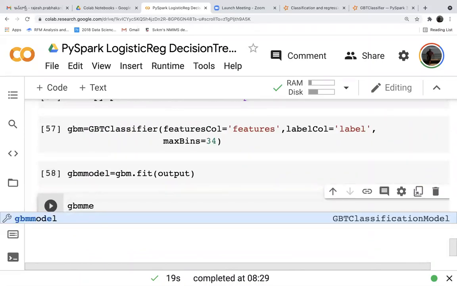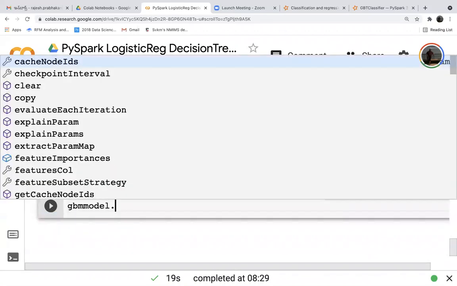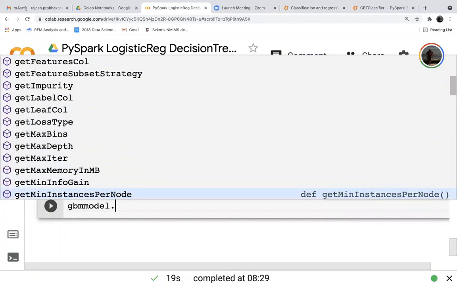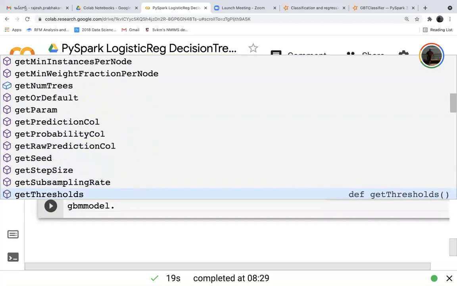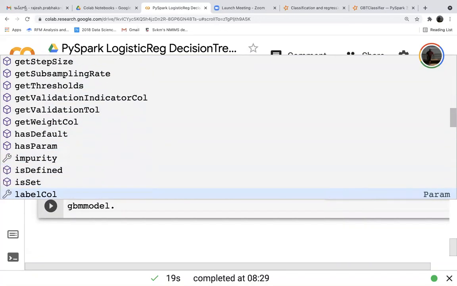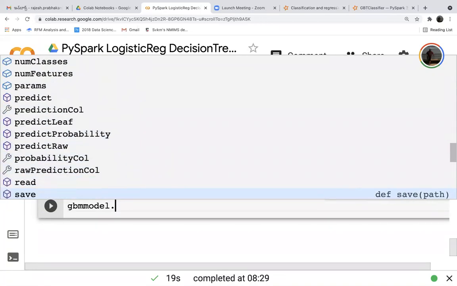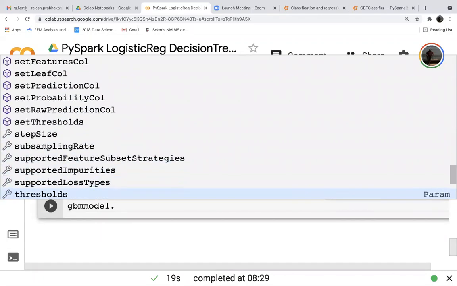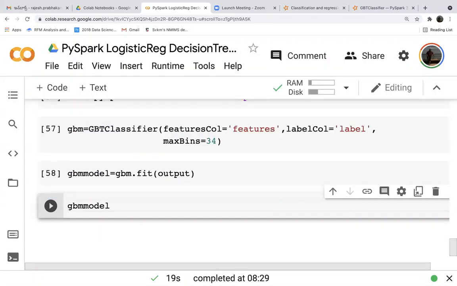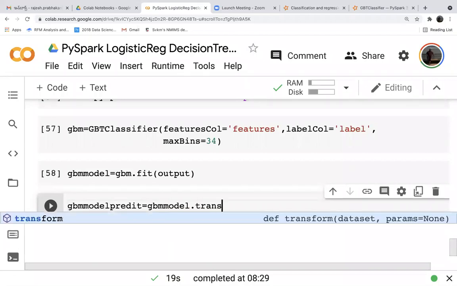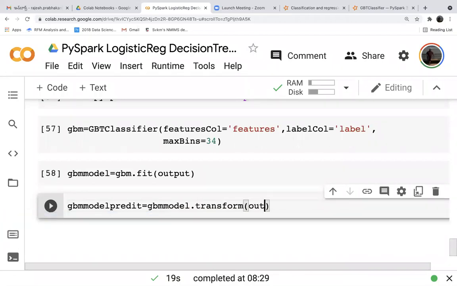GBM model dot, so we have these functions. GBM model predict is equal to GBM model dot transform output.